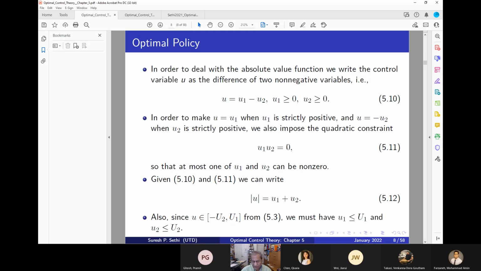So once we ignore it, the problem becomes two control variables and both are non-negative. And we can also show that U1 has to be less than its upper bound U1 and that U2 has to be less than its upper bound U2. That's easy to see. And so this will be between 0 and U1 and this will be between 0 and U2.